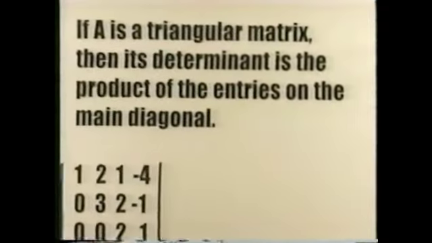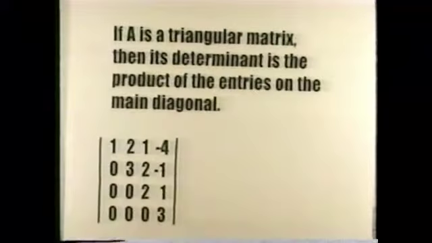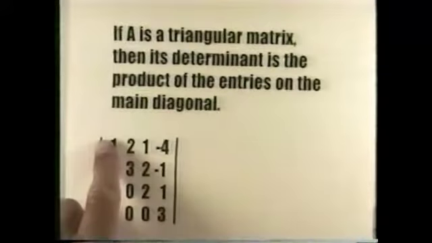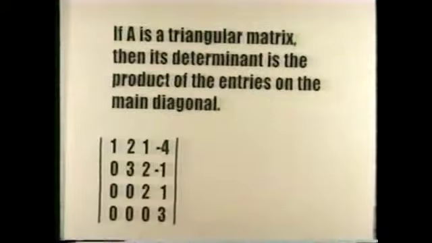Now there is an easy way of doing a triangular matrix. If A is a triangular matrix, then its determinant is the product of the entries on the main diagonal. A triangular matrix is a matrix that either has all zeros below the diagonal or all zeros above. In other words, if it's either upper triangular or lower triangular, this process works.